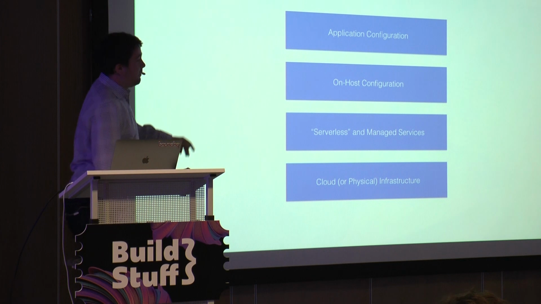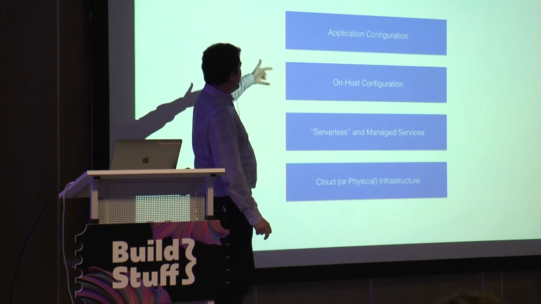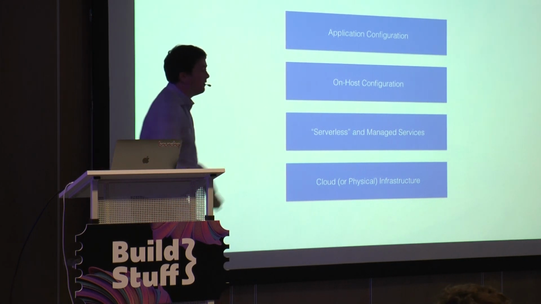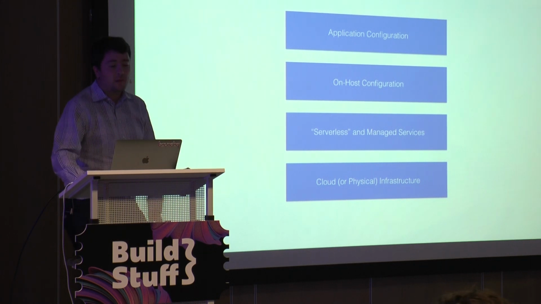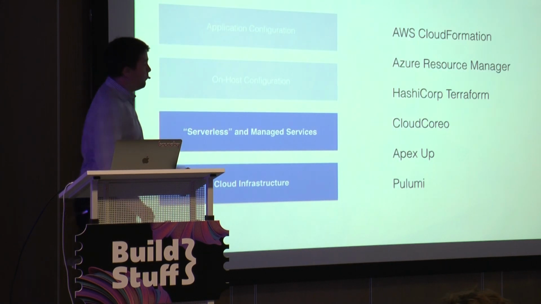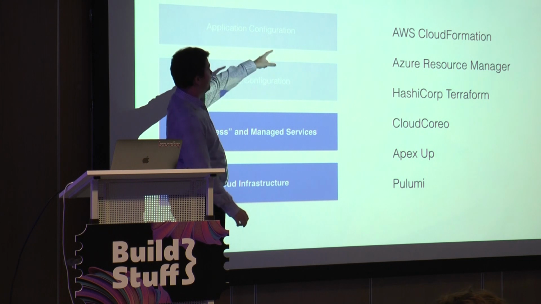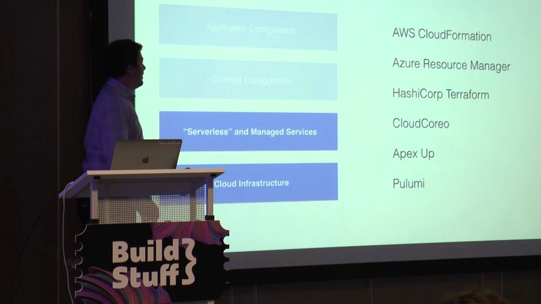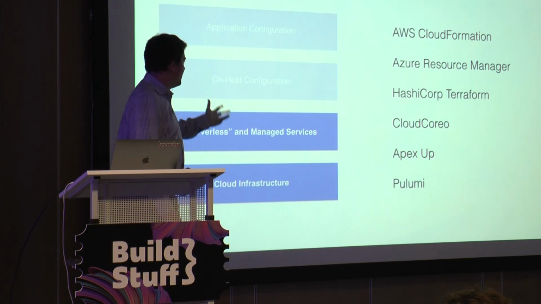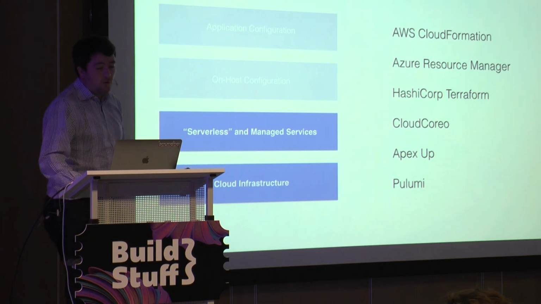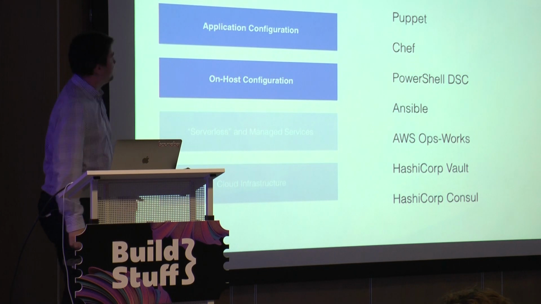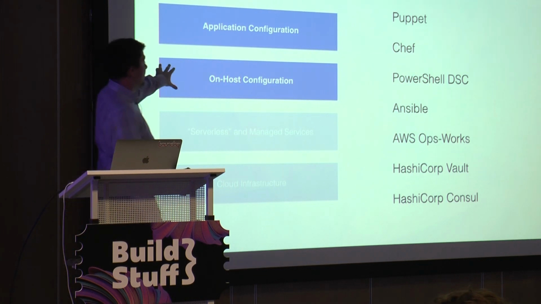It tends to be that the tools that exist in this space fall into one of two categories, although there's some creep between them. They tend to either work in the bottom two of these. So this is tools like CloudFormation, Azure Resource Manager, Terraform. There's a whole bunch of these things, including Pulumi. Or alternatively, they fit into the top half. These are the ones we're not going to talk about too much today.